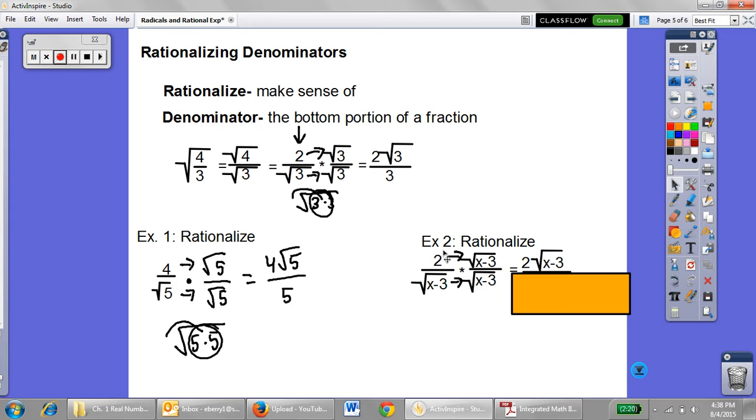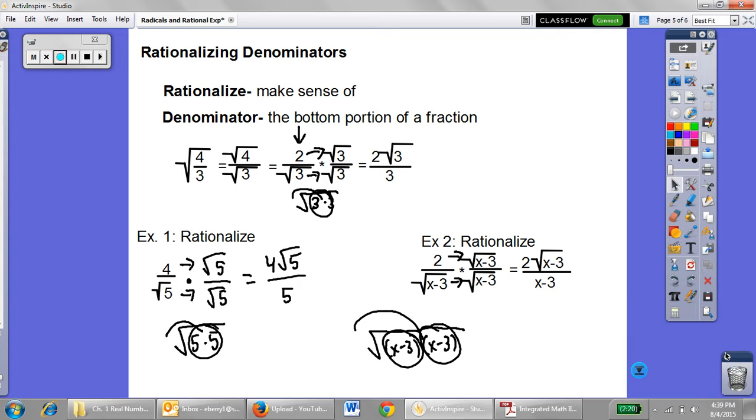We leave the 2 on the outside, and we keep square root x minus 3. On the bottom, same as before. So we have x minus 3 times x minus 3, all underneath the square root sign. This is a pair. There's 2 x minus 3, so that gets to come out. In the denominator, it's just x minus 3 as our final answer.